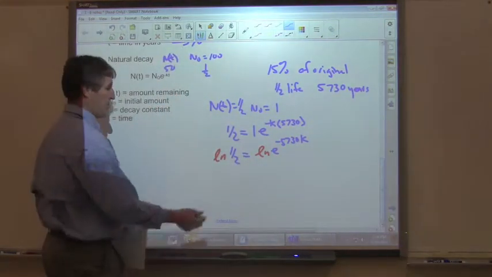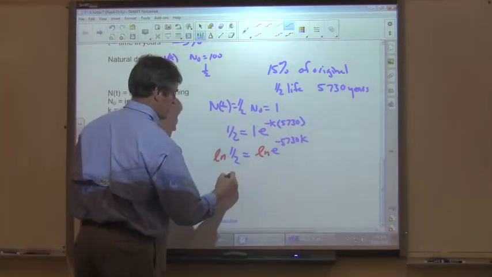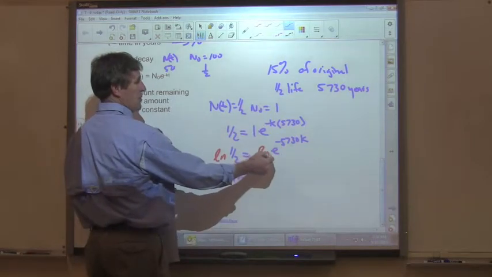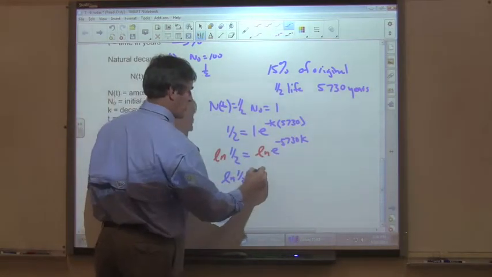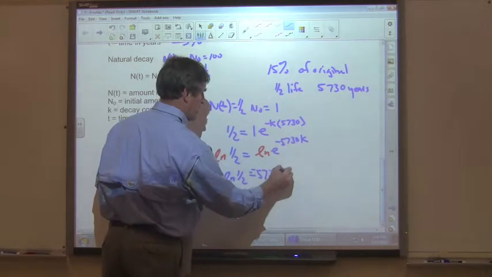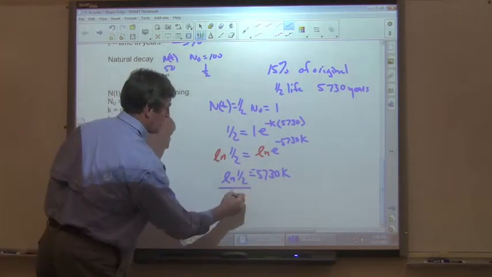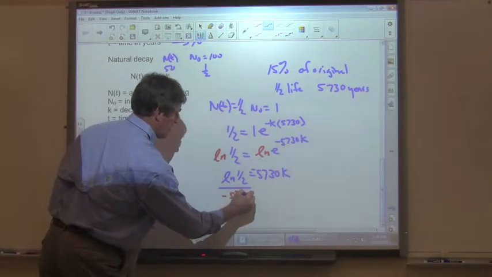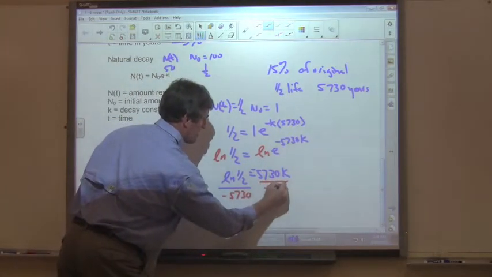Now if we use our rules, we can do that on the calculator, but I'm going to wait on that. The ln, remember that's base e, so these cancel, equals negative 5,730k. And so now I just divide by negative 5,730 to both sides.